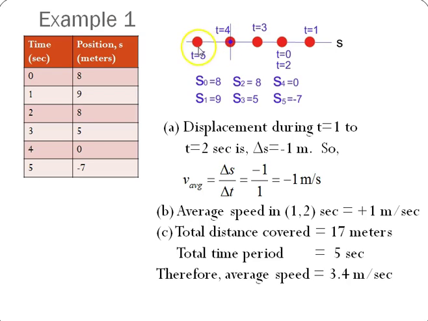From here to here it is 7 meters. Sum of all these distances comes out to be 17 meters. 8 to 9 is 1, and 9 to 8 is 1, 2, 8 to 5 is 3, that is 2 plus 3, 5, 5 to plus 5 is 10, 10 plus 7 is 17 meters during the total time. So average speed is 3.4 meters per second.